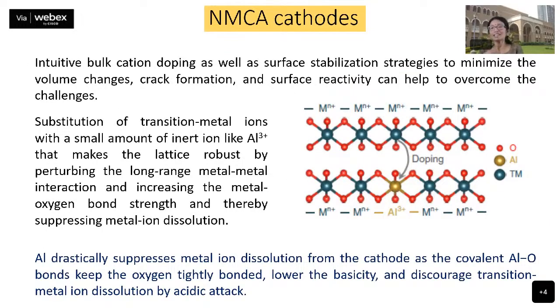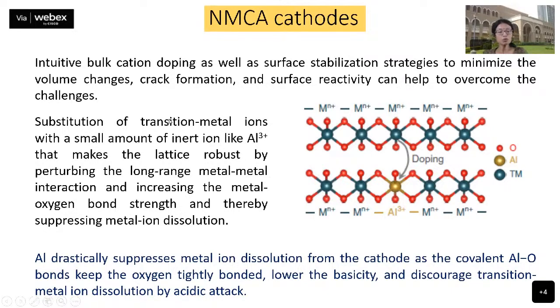Now, as I said, a lot of different labs are working on different improvisations. One of the improvisations which is showing a lot of promise is the development of bulk cation doping in these NMC cathodes. This bulk cation doping as well as surface stabilization strategies minimize the volume changes, crack formation, and surface reactivity, which can help overcome the various instabilities associated with the NMC cathodes.